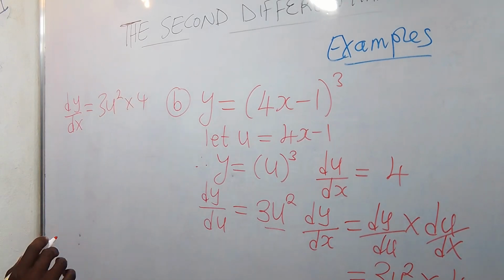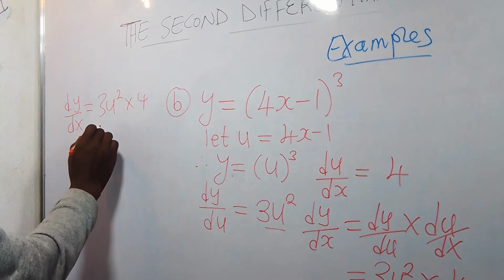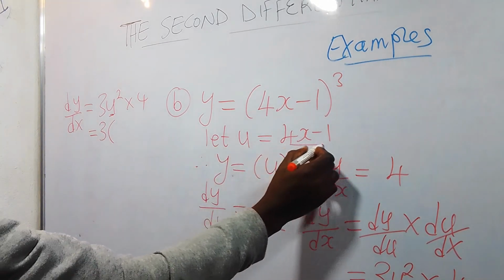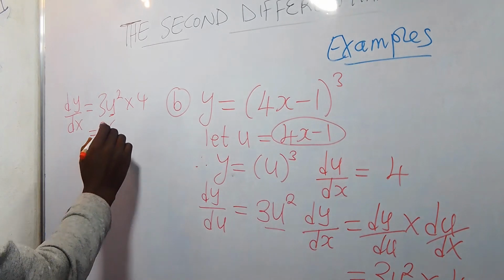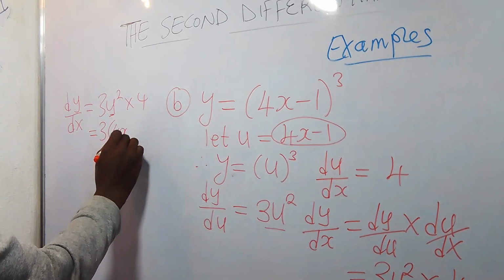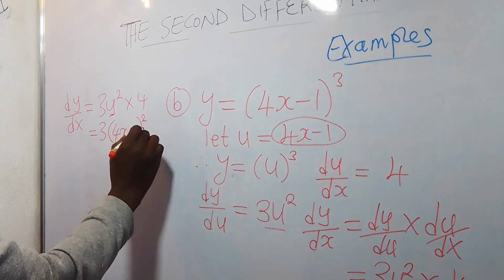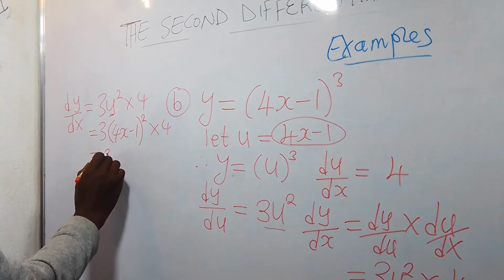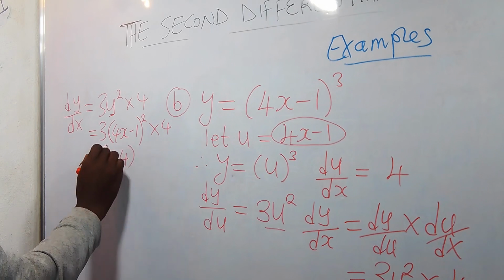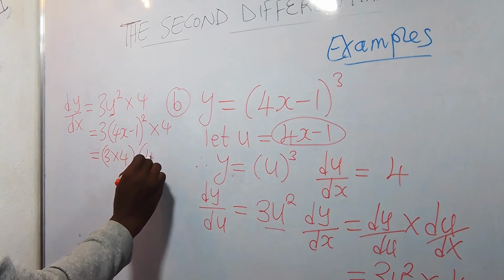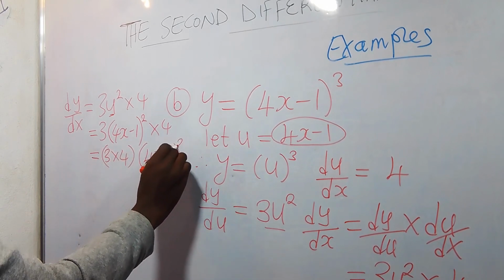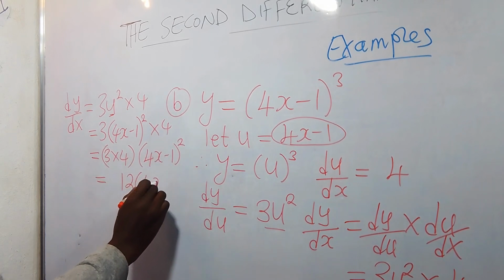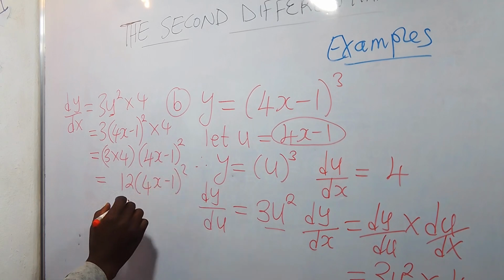Now we know that u is 4x minus 1, so you say 3 open bracket 4x minus 1 to the power 2 multiplied by 4. You can further simplify 3 times 4, so this is going to be 12 open bracket 4x minus 1 to the power 2.